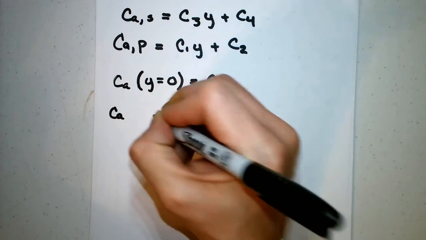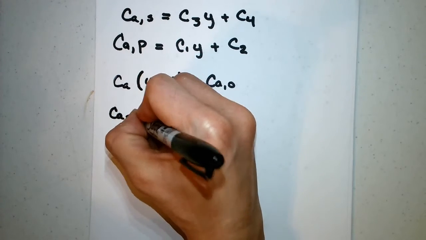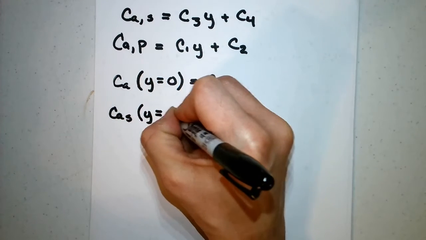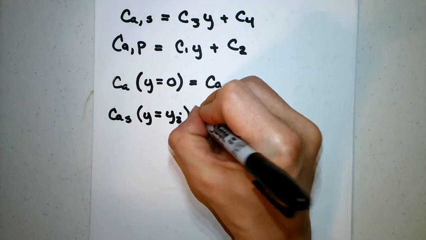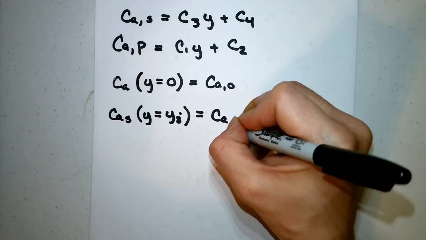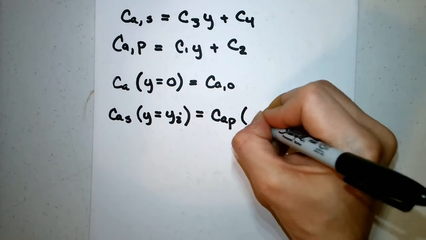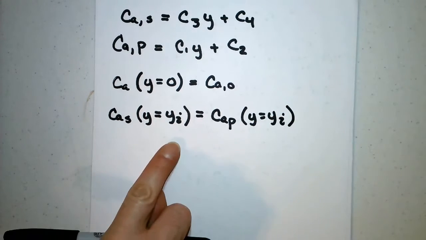CAS, at y equals y_I, the interface, equals CAP at y equals y_I. Okay?